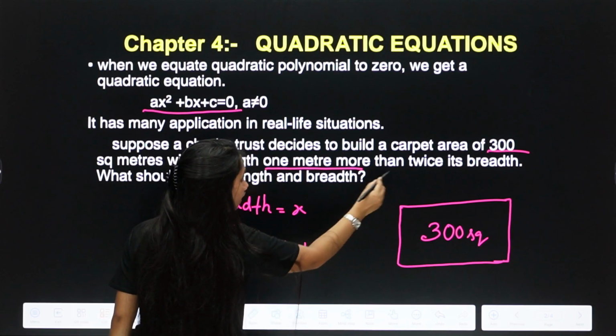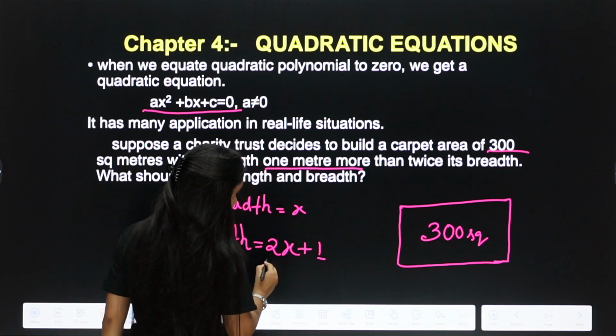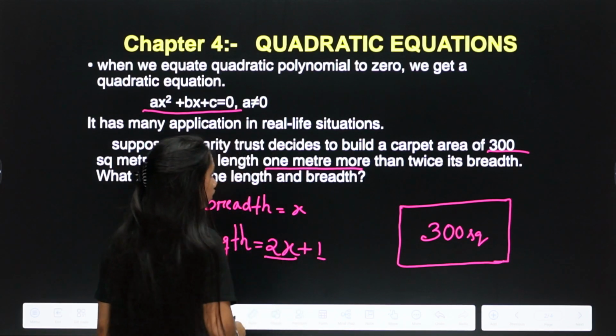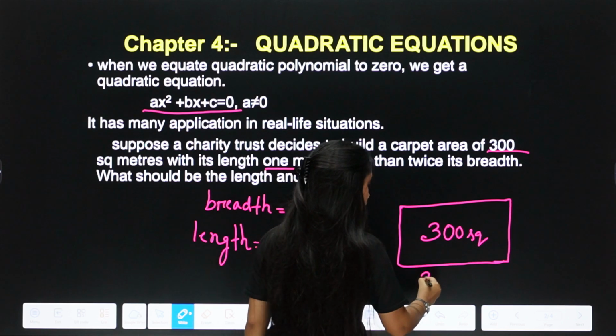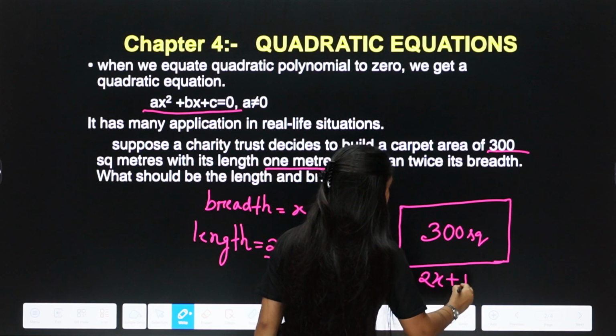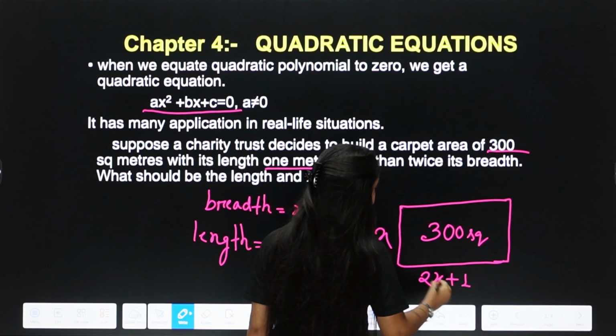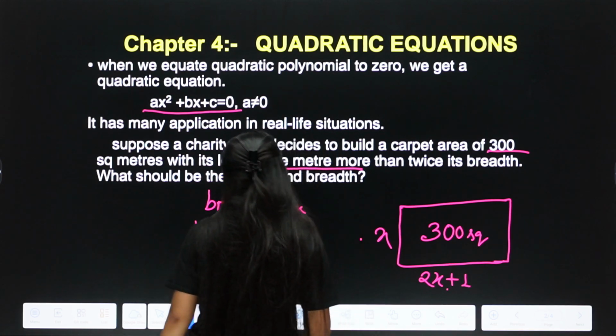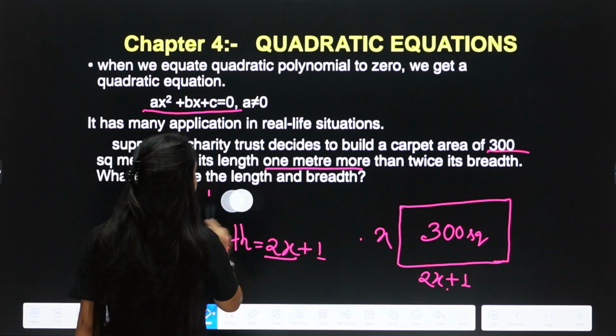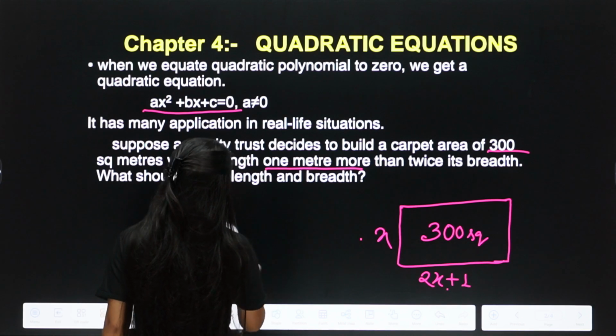So, the length is 2x plus 1 and the breadth is x. Then we will find the length and breadth.